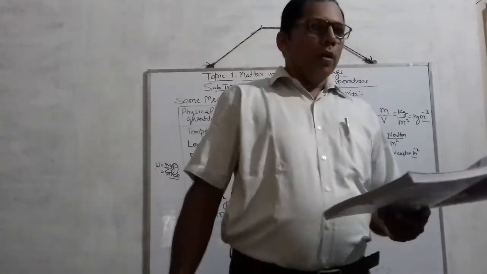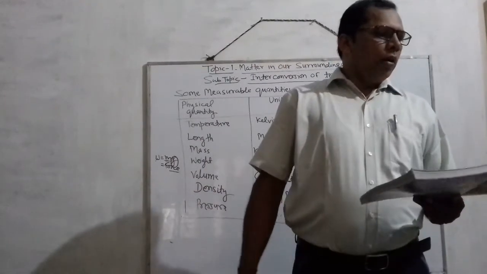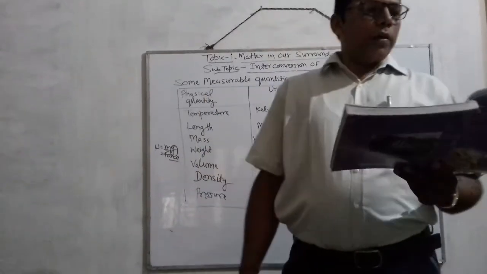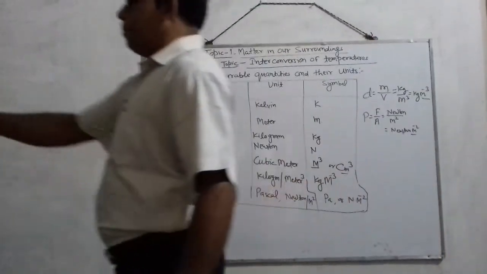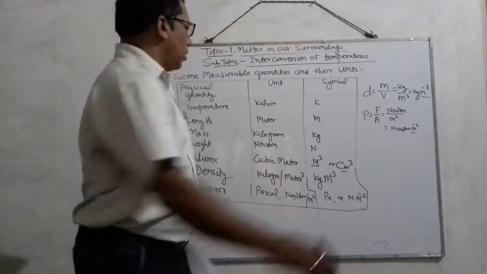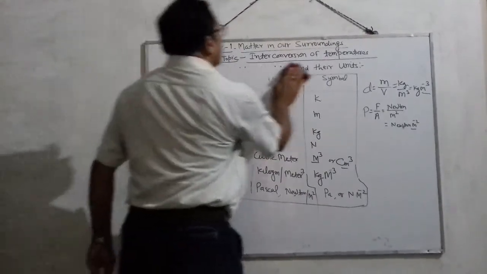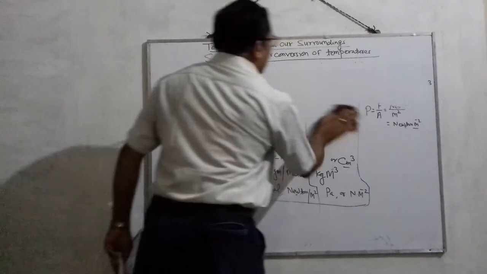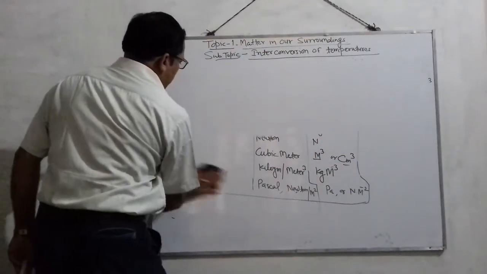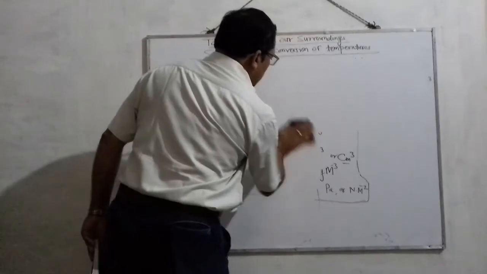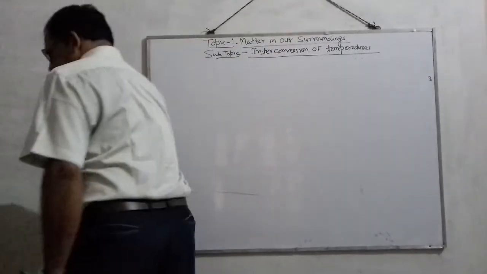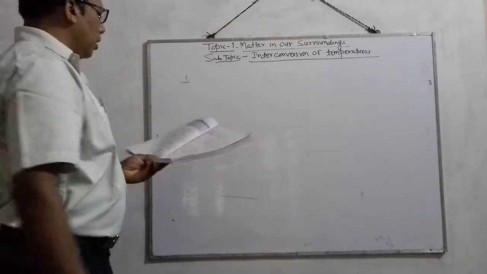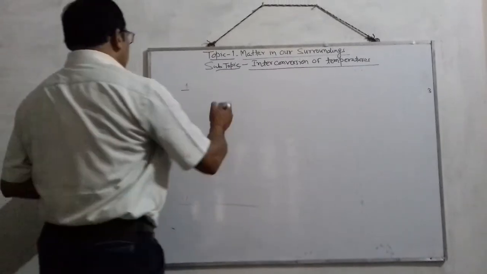Now the next point comes on the topic, exercise number one. The first question of your NCERT book exercise is: convert the following temperatures to the Celsius scale.